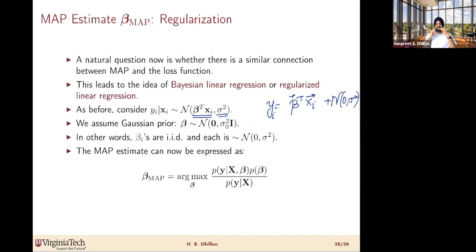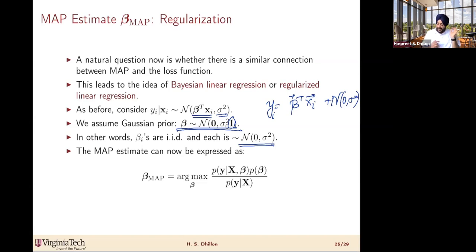Let's assume a Gaussian prior. We put a Gaussian prior on the parameters beta, which is this. Since we have an identity matrix in the variance, this is equivalent to saying that the beta i's are IID, and each of those beta i's is Gaussian distributed with mean zero, variance sigma squared.